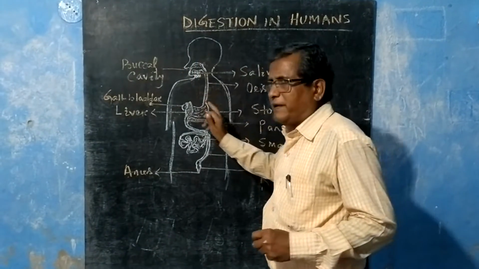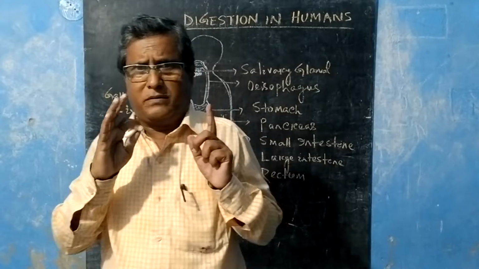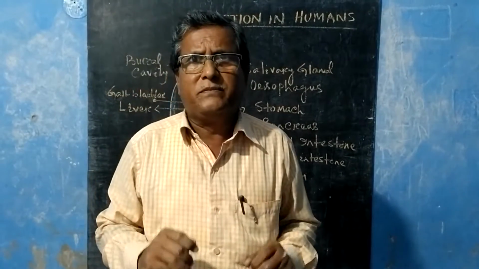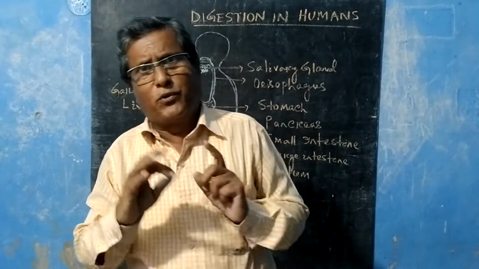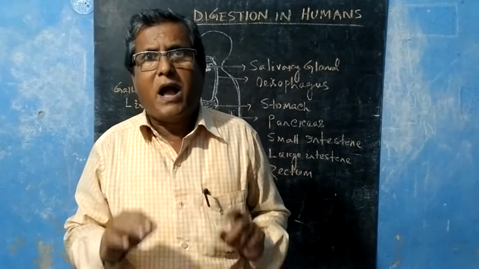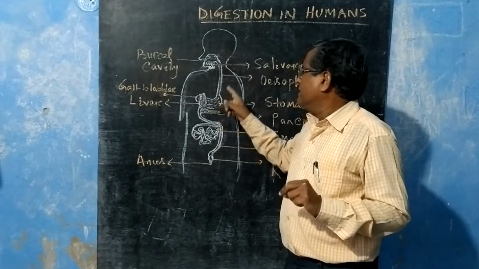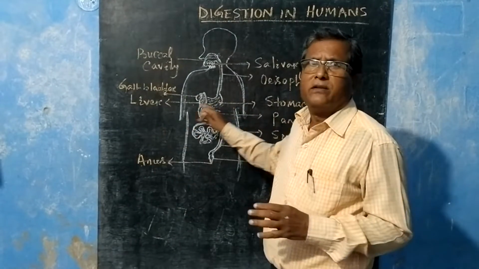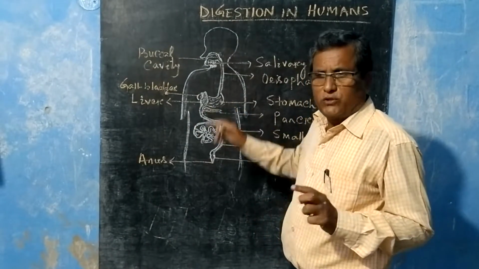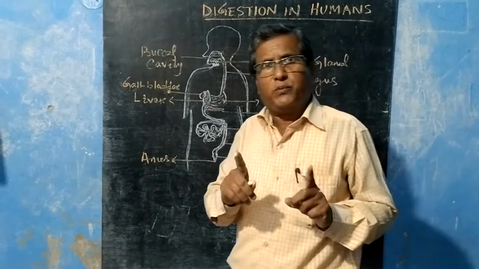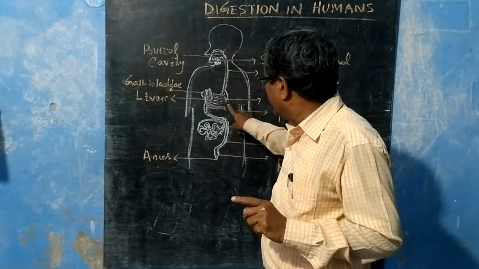Particularly here, the protein particles are broken into amino acids. Some parts of protein are digested or simplified in the stomach. So the three juices are very useful for the stomach.